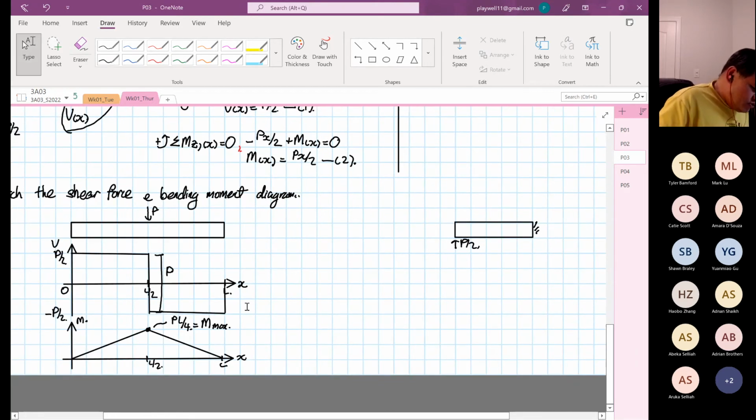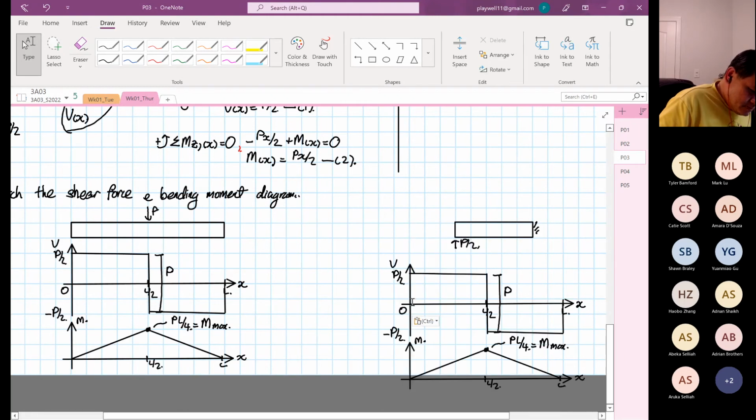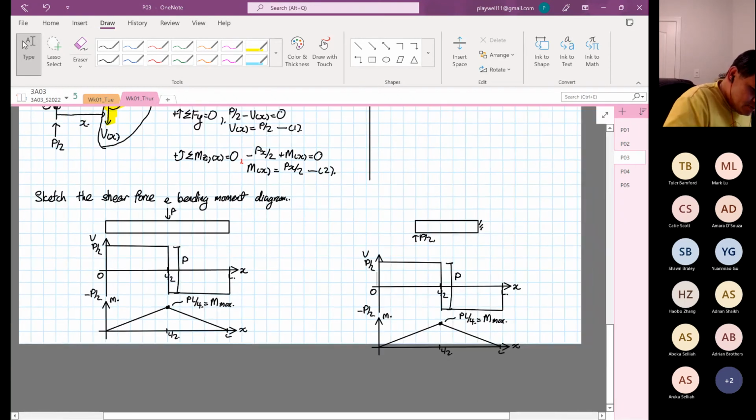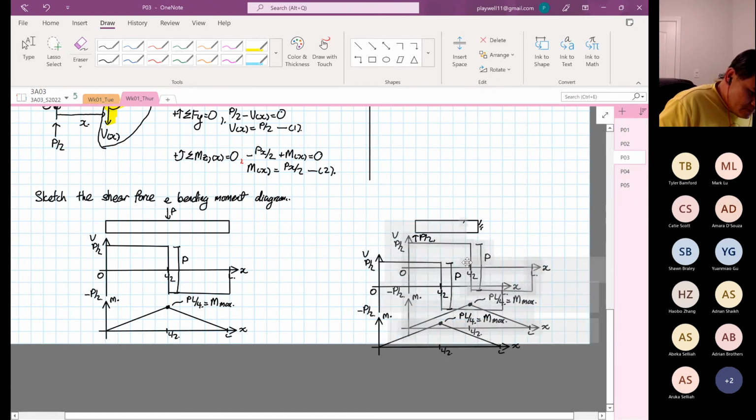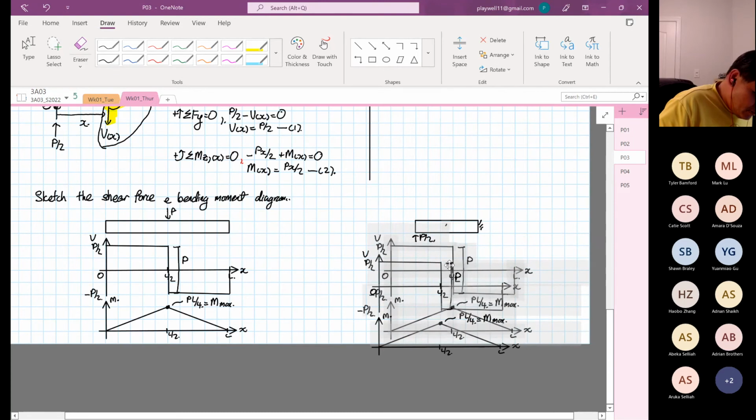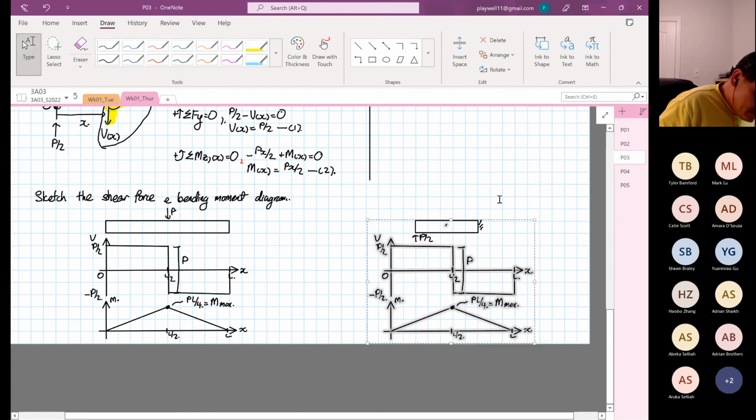So all I need to do is to copy and paste the whole diagram, and I just need to shift things a bit. I will shift my diagram, and move it over here.